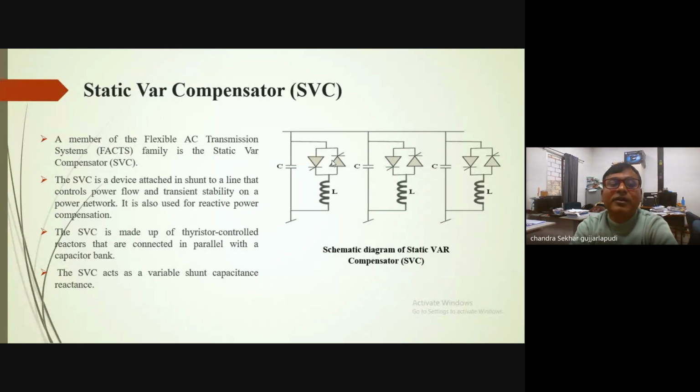Whenever leading var is required, we inject capacitive var to the system. Whenever lagging var is required, we inject inductive var to the system.